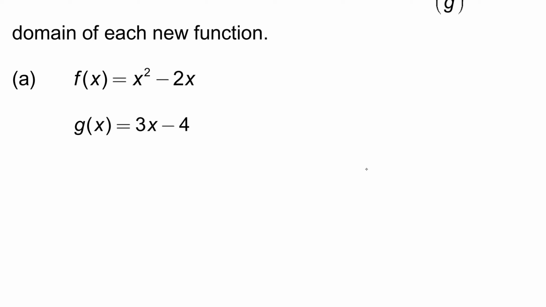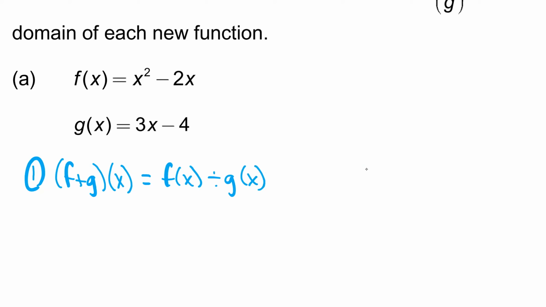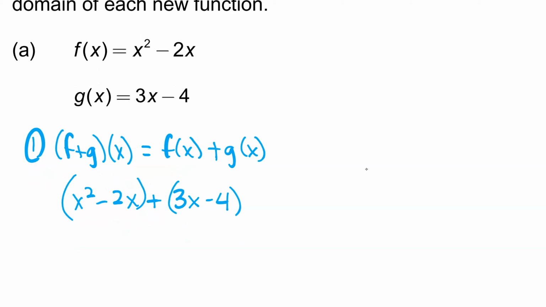So let's do the first one. Let's add them together. f plus g of x. What that means is you're literally just going to add f of x plus g of x. So x squared minus 2x plus 3x minus 4. Combine like terms. So I have x squared plus x minus 4.